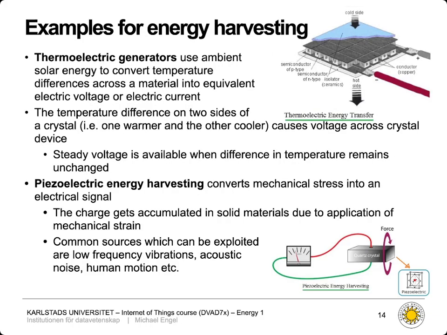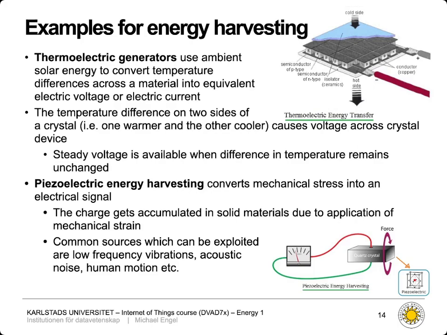So here's some examples for energy harvesting. The first one is a thermoelectric generator. And this actually uses ambient solar energy to convert temperature differences across a material. So for example, if you have a piece of material that's on the sunny side on one side and in the shade on the other side, you know that you have a temperature difference.